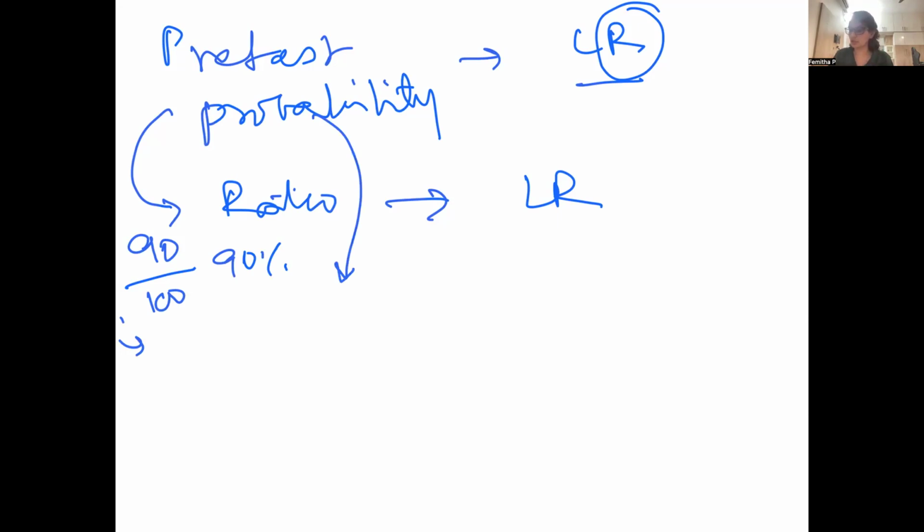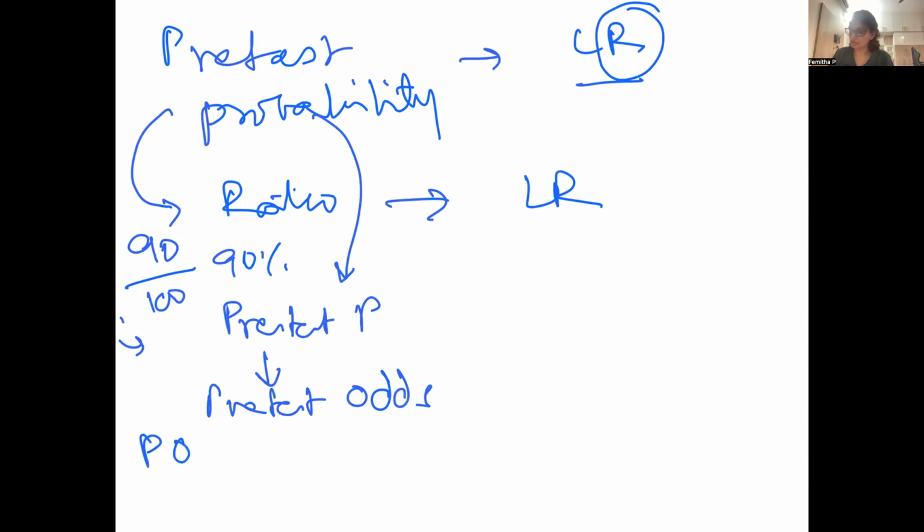So how do you convert a pre-test probability into pre-test odds, or a pre-test ratio? Odds is a ratio. So you first have to convert a pre-test probability into pre-test odds. You convert that by: pre-test odds is equal to pre-test probability divided by 1 minus pre-test probability. That's exactly what you do for conversion of probability into ratio.